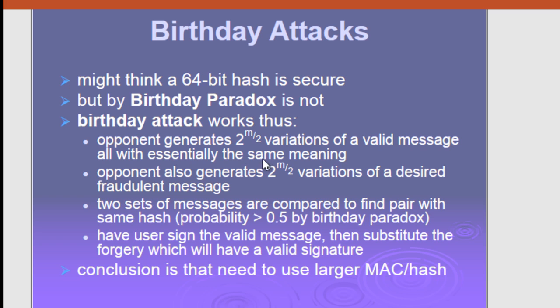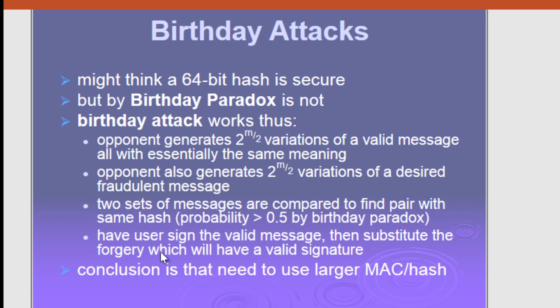All of them have essentially the same meaning. He can also generate 2 power m by 2 variations of bizarre and fraudulent messages. By comparing these two sets, he finds a match with probability greater than 0.5. This is the birthday paradox attack.